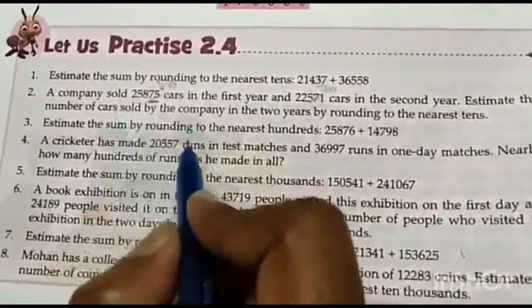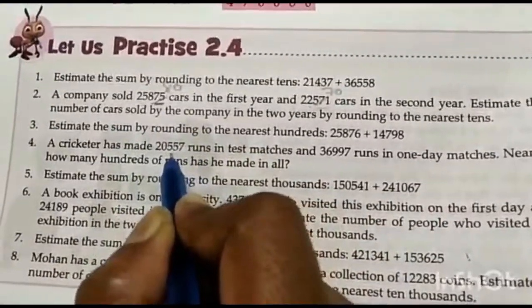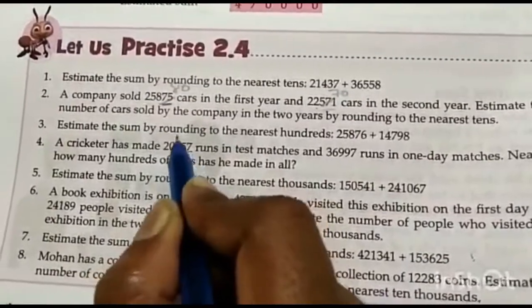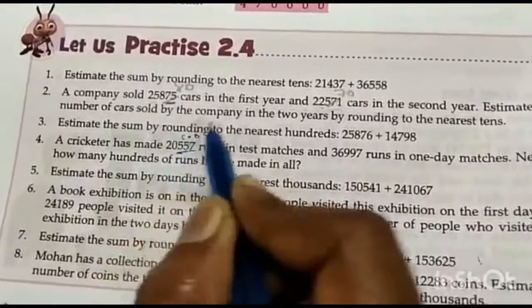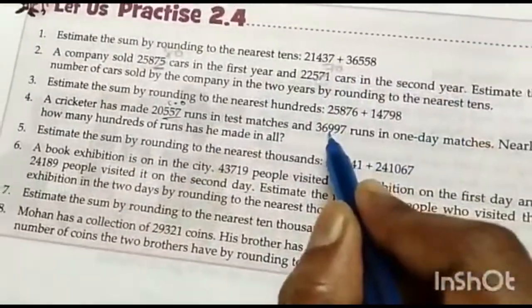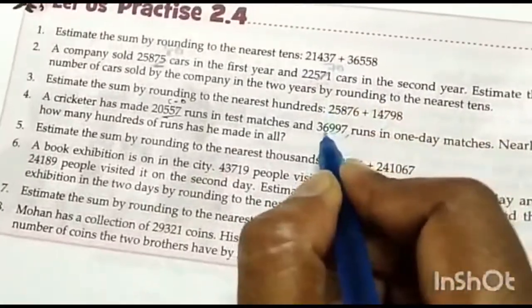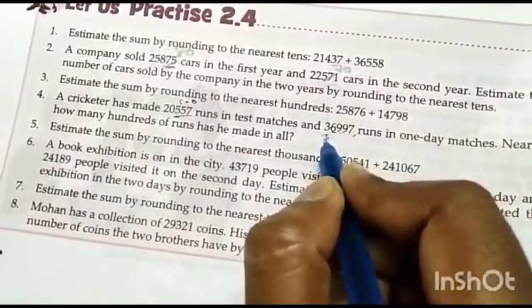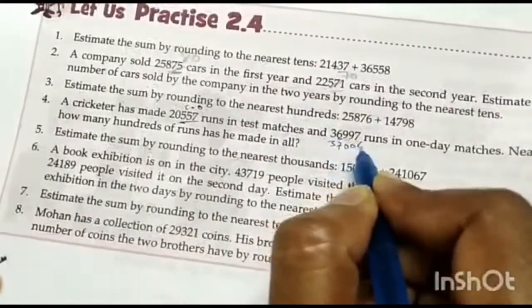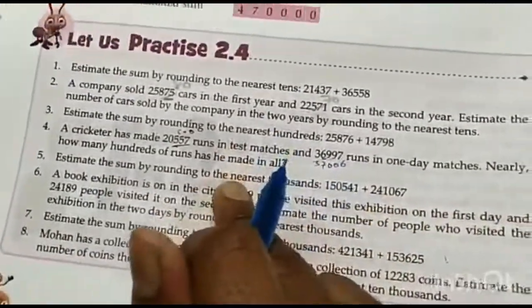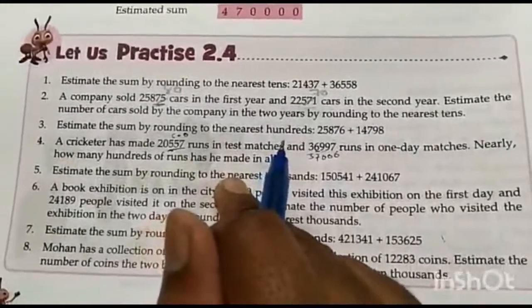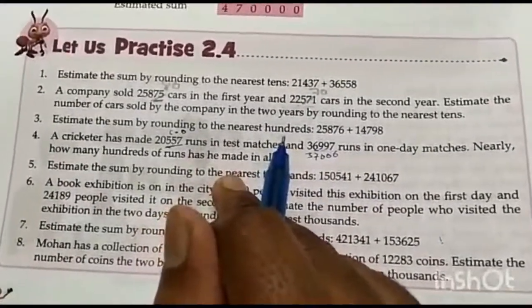It is also nearest to the hundreds. 557 is nearest to 600. And here 997 is nearest to 1000. That means here also you have to change, that is 37,000. You have to write neatly and do the addition properly in your CW book.